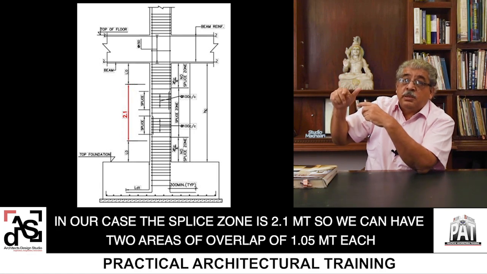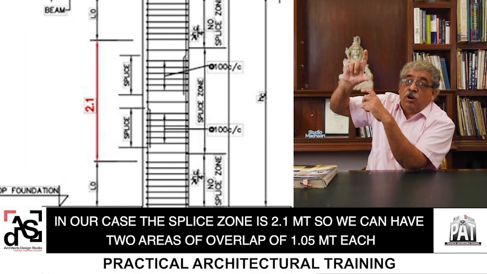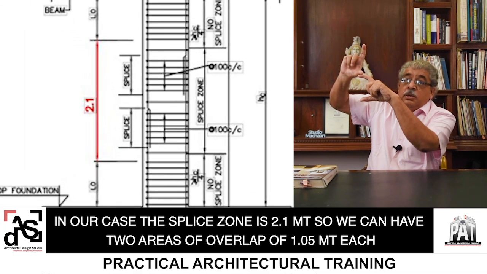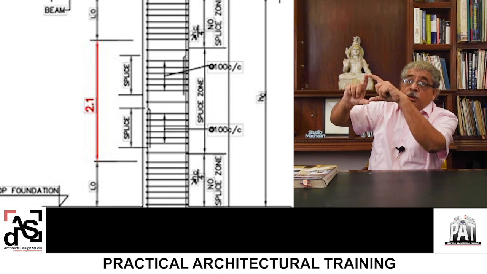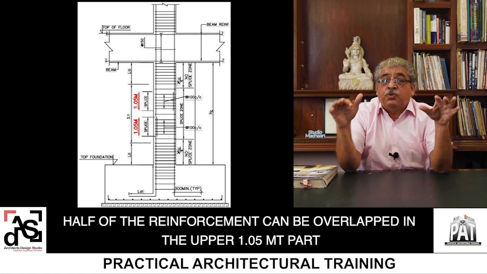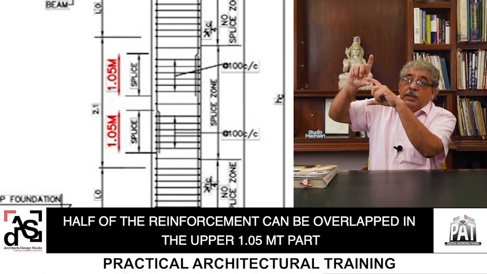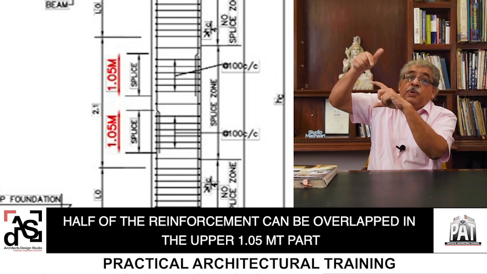In our case, the splice zone is 2.1 meters. So we can have two such areas of overlap. One is the area above, which is 1.05 meter, and one is the area below, which is 1.05 meter. So half of the reinforcement can be overlapped in the lower half and half can be overlapped in the upper half.